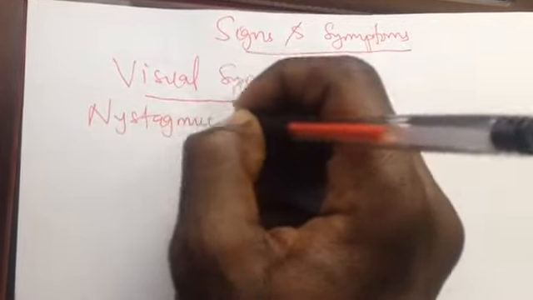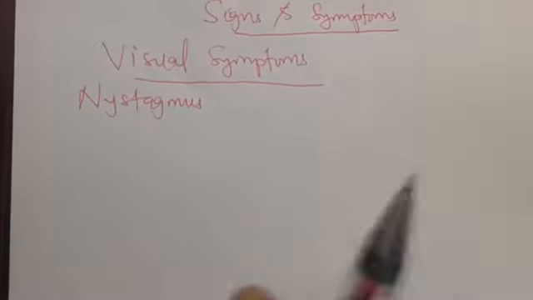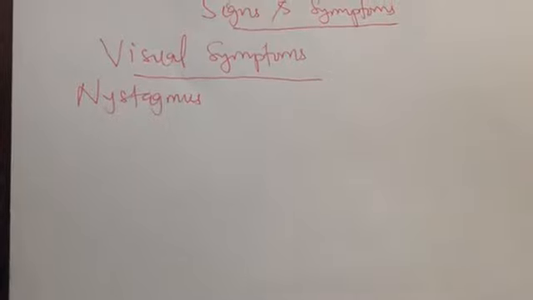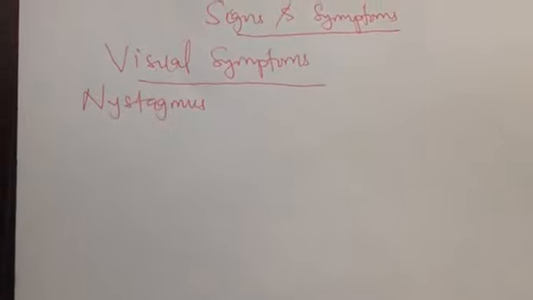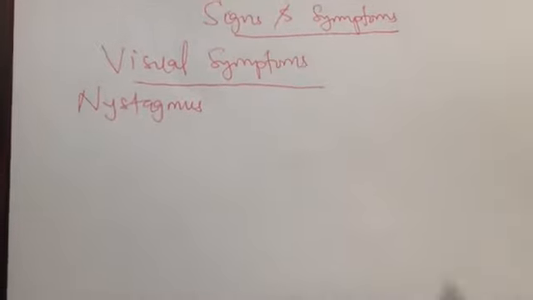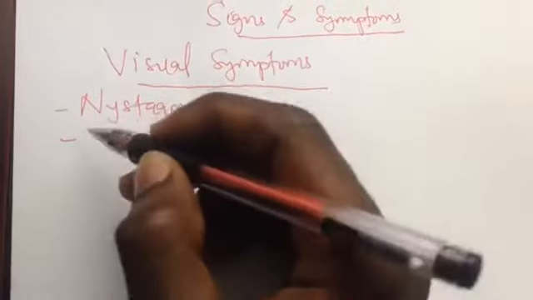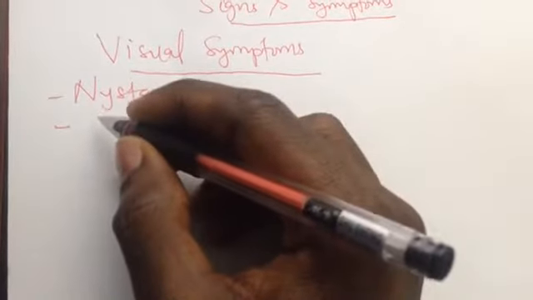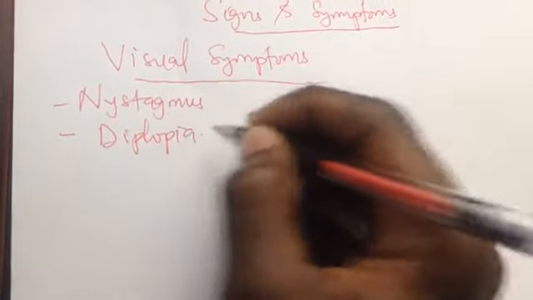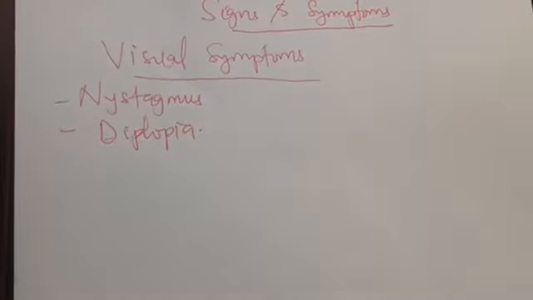When we say nystagmus, it means a kind of random movement of the eyeball, due to irritation of the myelin in the nerves that are controlling the extraocular muscles of the eye. So we have nystagmus, and sometimes diplopia. So these are the visual symptoms.